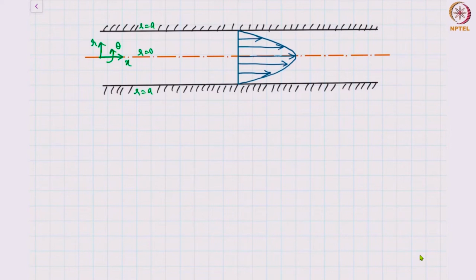So I have a long pipe of radius a, and what would initially happen is, as the fluid enters the pipe, boundary layers form all along the walls of the pipe, and then eventually the flow would reach a fully developed state when the boundary layers merge at the center, and then you have this beautiful parabolic velocity profile. Let me write down the velocity profile.